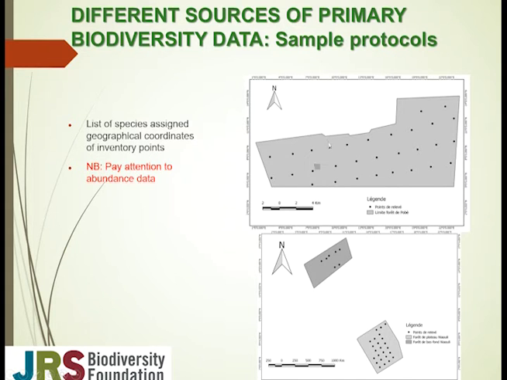At each point, at each plot, you have a list of species that are assigned the geographic coordinates of the points. So they are quite valuable data, to be cleaned and published.